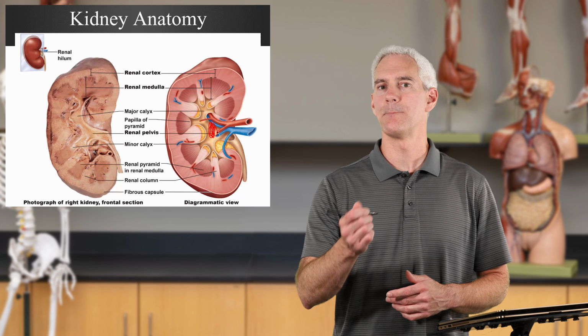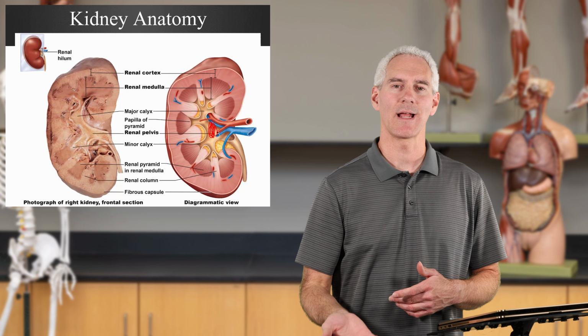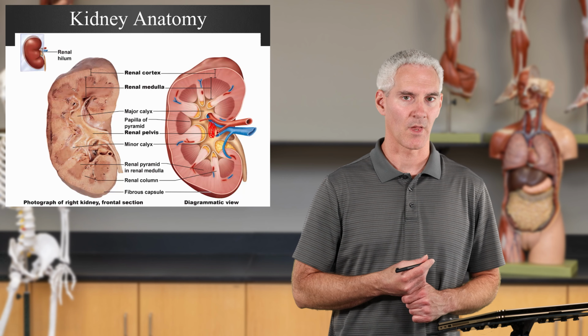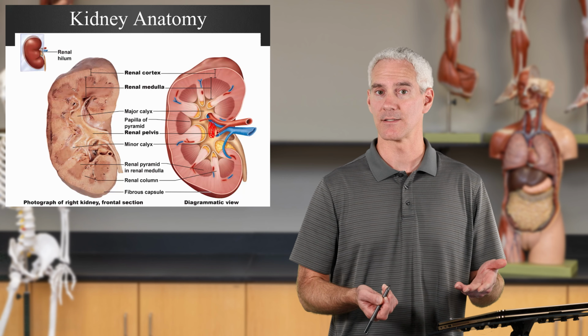Now the purpose of the minor calyx, the major calyx, and the renal pyramid is transport of urine. The filtration throughout the nephrons and the processes there are occurring in the cortex as well as the pyramids.